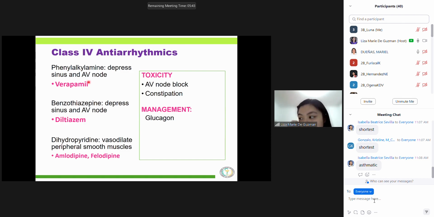Please take note that constipation is usually seen for patients taking verapamil. Diltiazem, usually rashes are common for patients taking diltiazem. So our management would be glucagon for these patients.